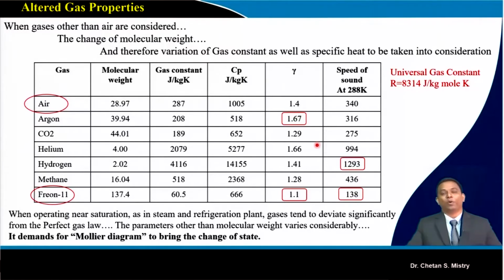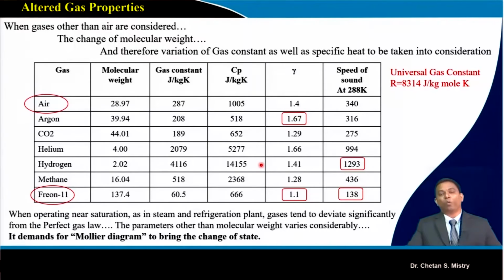Now let me tell you the use of this. People do different kinds of testing for different applications. Suppose I want to test my compressor at high Mach number condition. If I use air as my working fluid, maybe I need to rotate my wheel at very high speed, and there may be mechanical constraints.